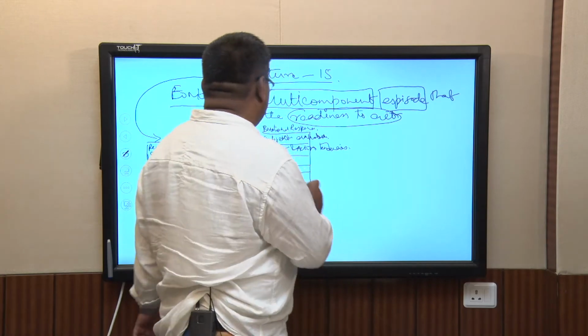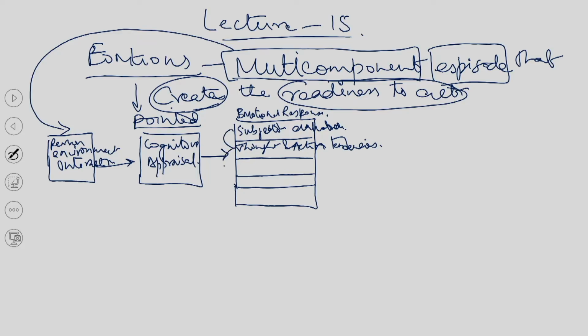So, those thoughts and action tendencies are actually evoked, and because of these thoughts and action tendencies, an internal bodily change starts happening.